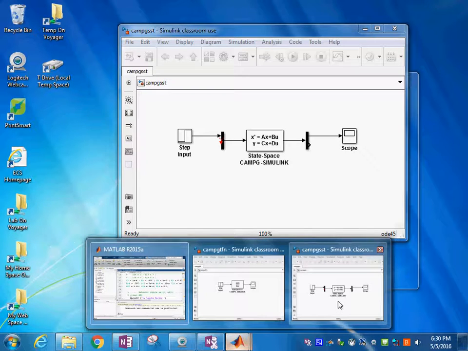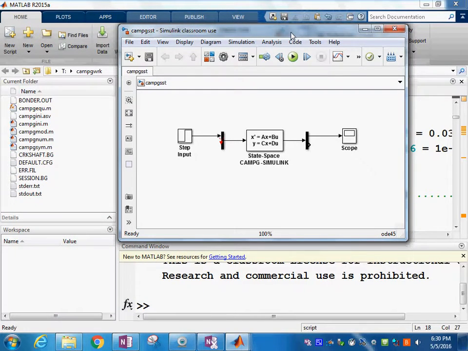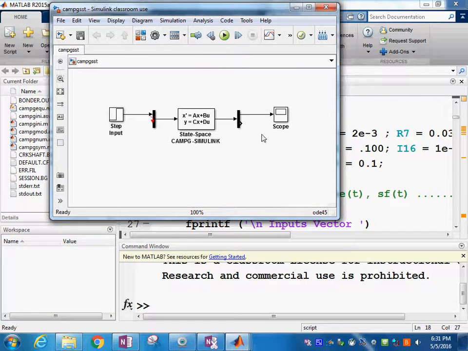We have one output, as you see, one input, and those matrices initialized. So what we could do is we could say, okay, look, they are all initialized in there. In the background, CAMG knows all the A, B, C, and D.